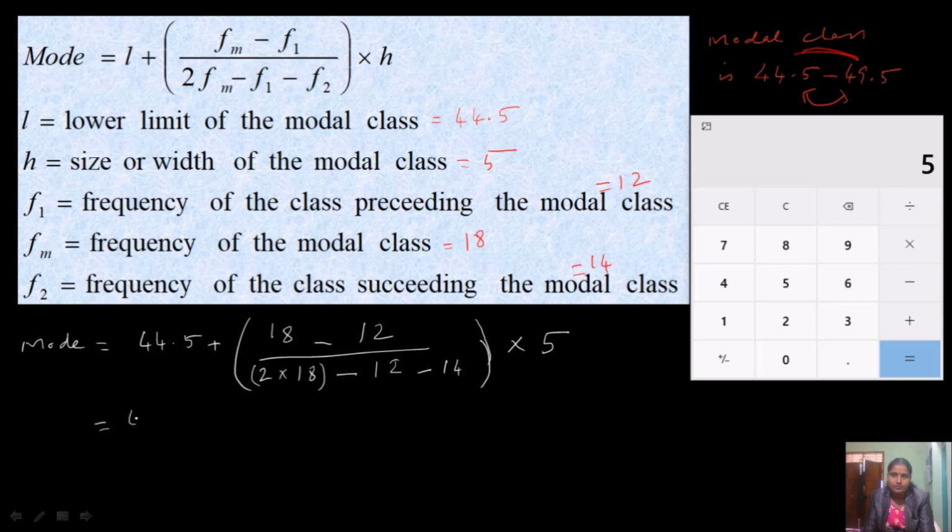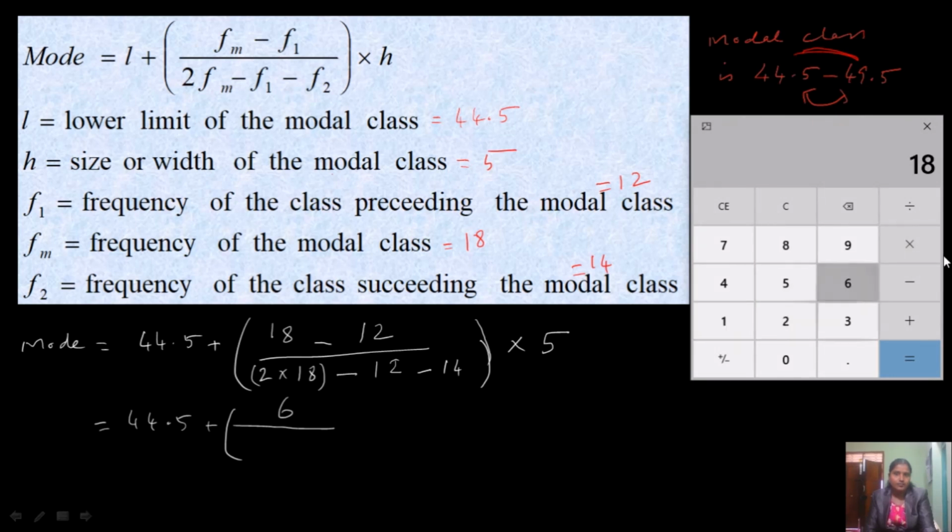That's equal to 44.5 plus, when you subtract 18 minus 12, we have 6, over, when you multiply 2 with 18, we have 36 minus 12 minus 14, into 5.